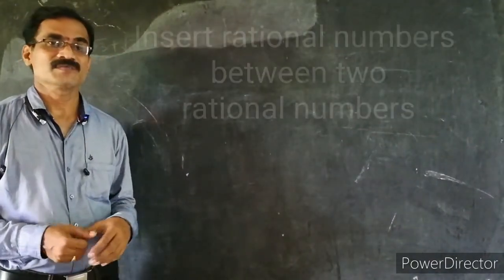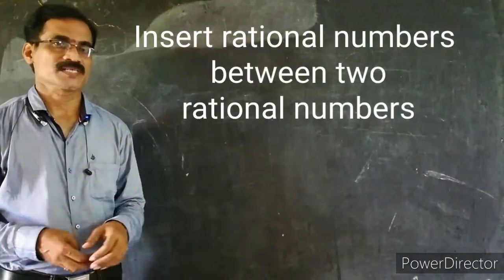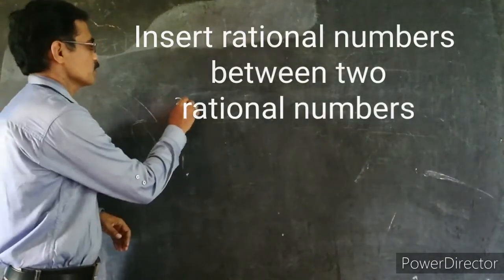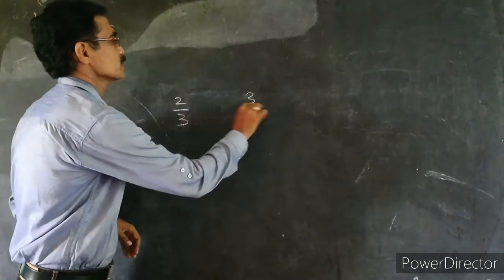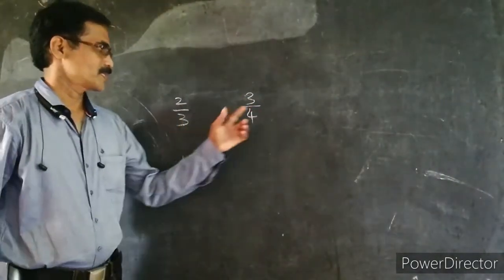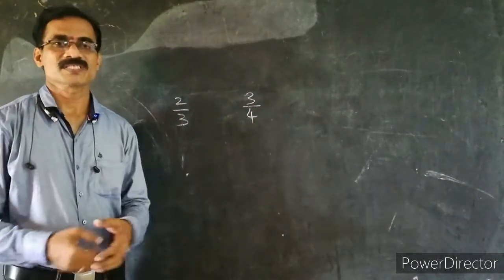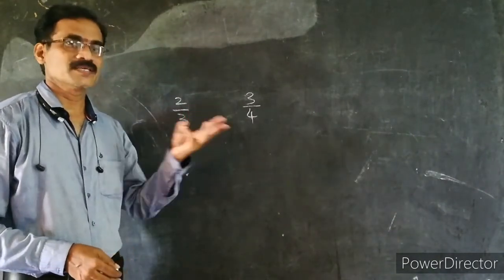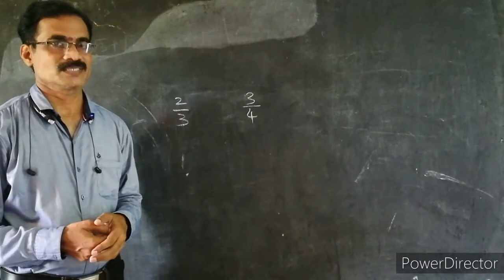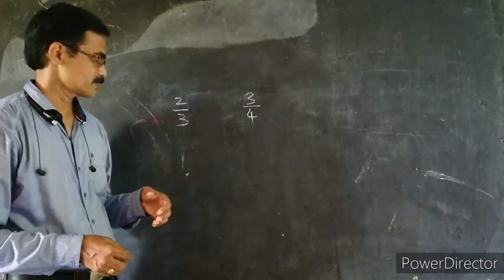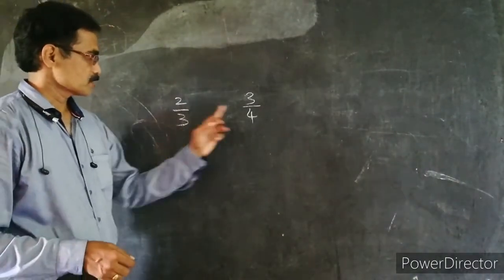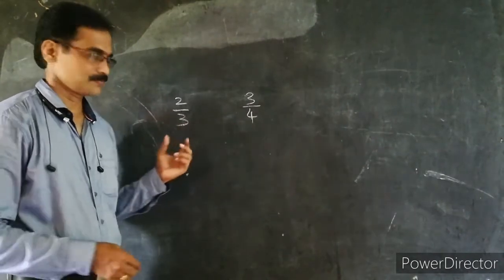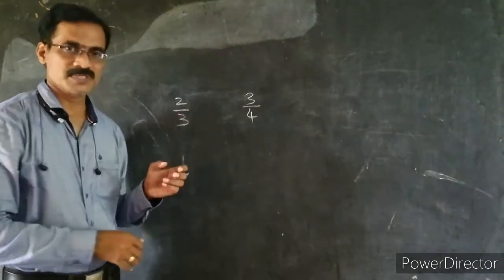Now, between two rational numbers, how can we represent some other rational numbers? For example, between 2 by 3 and 3 by 4, we have to insert 3 more rational numbers. How can we write? Okay, let us see. First you make the denominators equal.